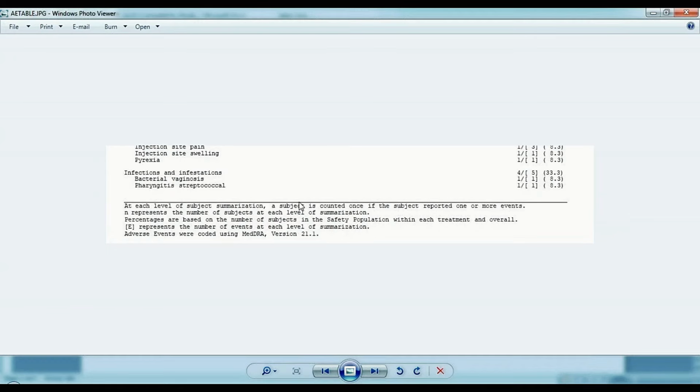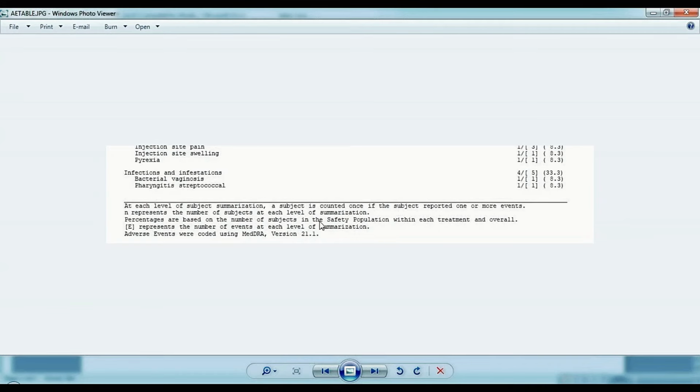So small n is 4, E is this one, and the total number, capital N, as we just discussed, comes from the ADSL. Small n divided by capital N gives you the percentage, 33%. Small n represents the number of subjects at each level of summarization.